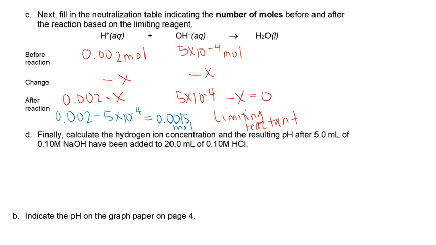Okay, so if we know that, then the final concentration, so the concentration of H+, is going to be moles per liter. So we have 0.0015 moles of H+, and the total volume is going to be the 5 milliliters of NaOH originally added plus the 20 milliliters of HCl.